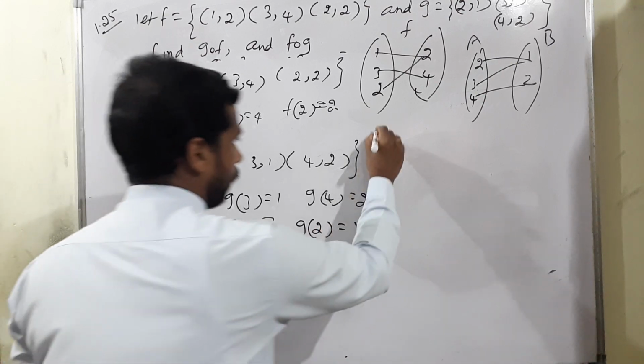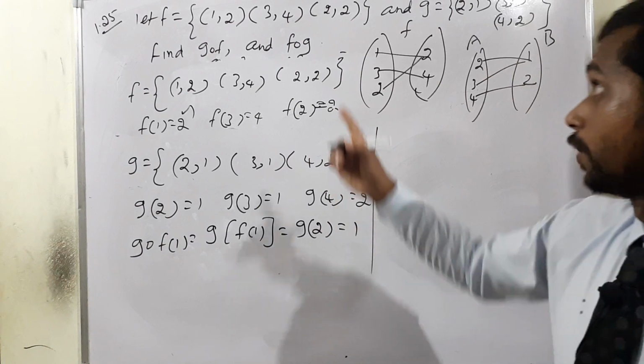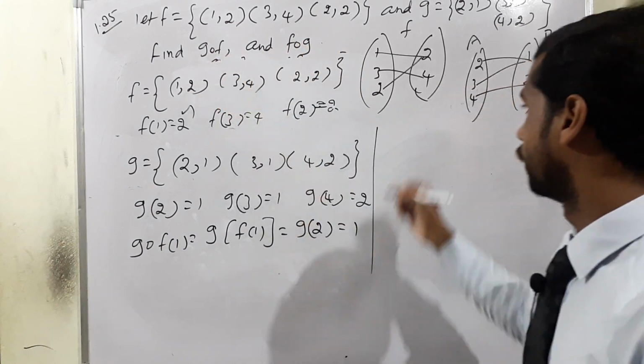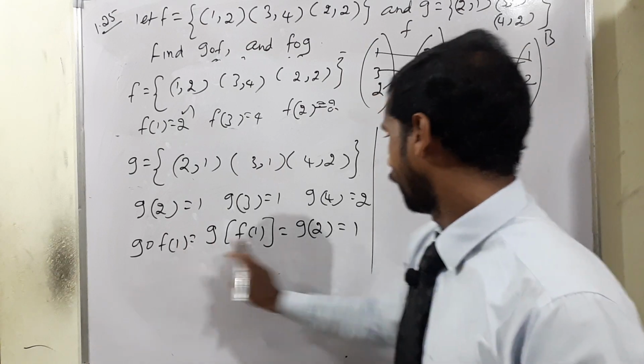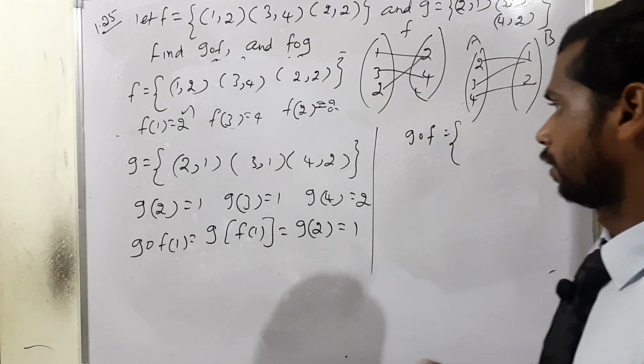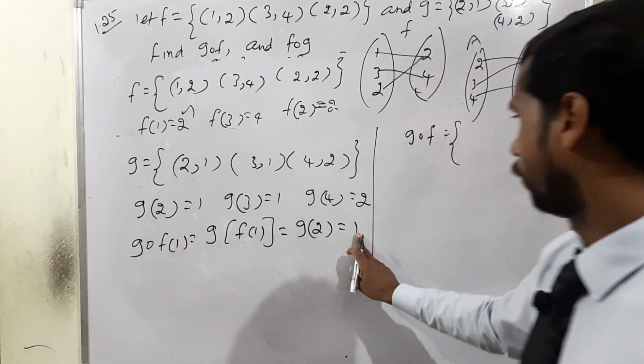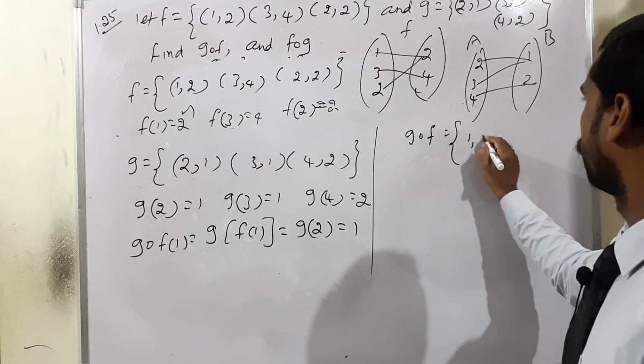Therefore the first pair of g∘f is (1, 1). So the output we have is g of 2 equal to 1, the pair 1 comma 1.